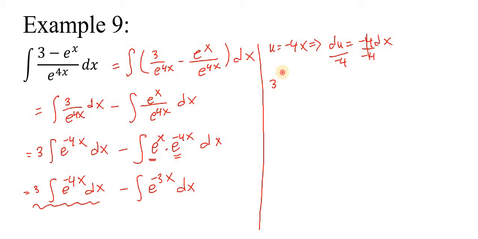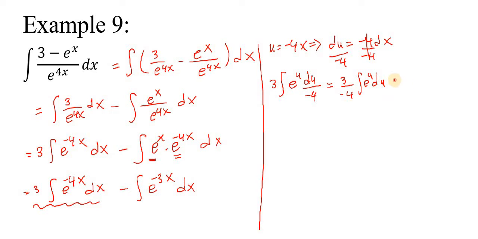So I will have 3 outside, the integration of e to the u du over negative 4. I can put 1 over negative 4 outside with the 3, and then I can integrate. So this will become 3 over negative 4, and then integrate e to the u du. I know the integration of e to the u du is equal to e to the u plus c.